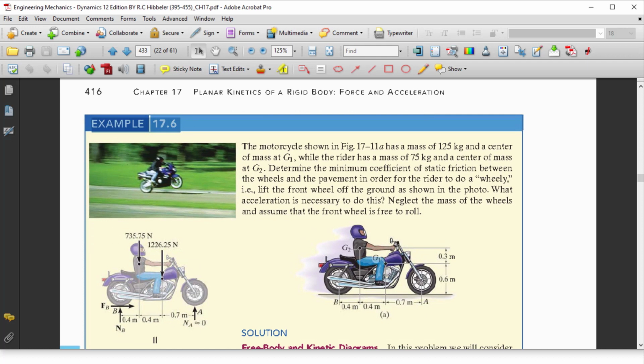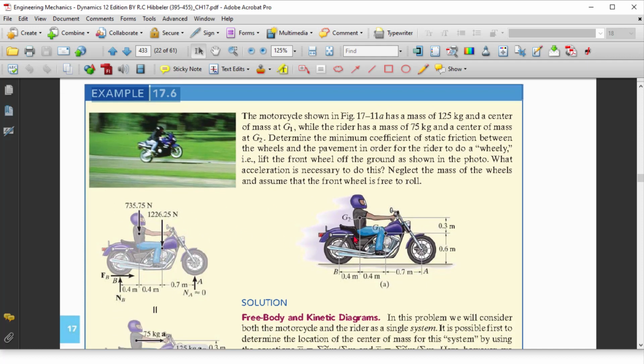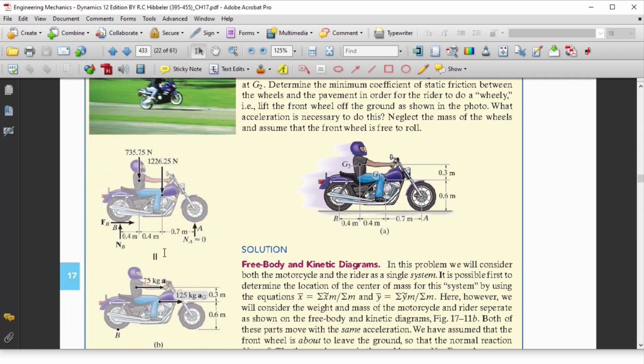This is one of the most important examples. Why? Because take a look, we have two centroids: the centroid for the rider and the centroid for the bicycle, or the motorcycle, sorry. So it's very important. See here how he divides the weights for the rider and the weights for the motorcycle.